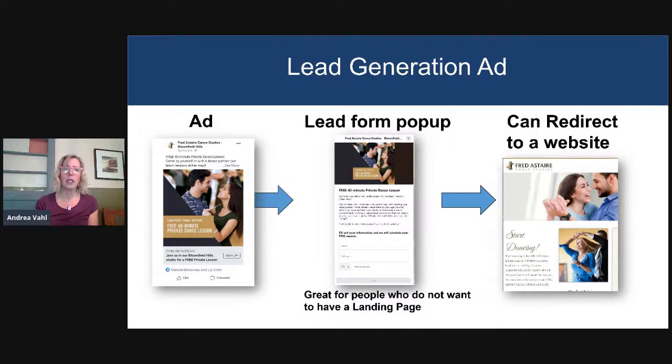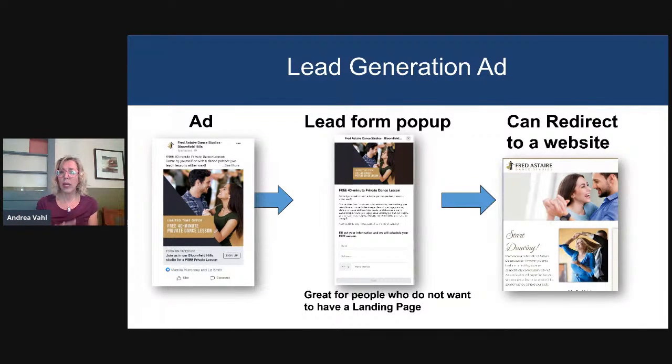So if you're choosing the lead generation ad, that means you're choosing this pop-up form, and then the leads go into the back end of your Facebook page in the publishing area. And you can redirect it to the website if you want, or you can actually have them do a call now phone message. But it's great if you don't have a landing page or page on your website that's perfectly optimized for good traffic from Facebook. You can have it all happen within Facebook and get leads there.